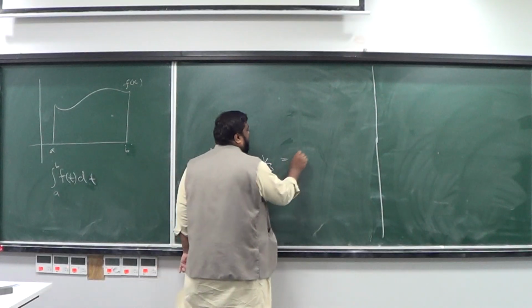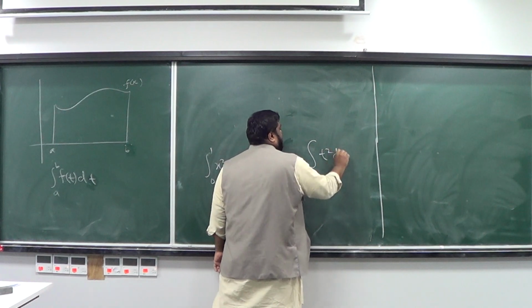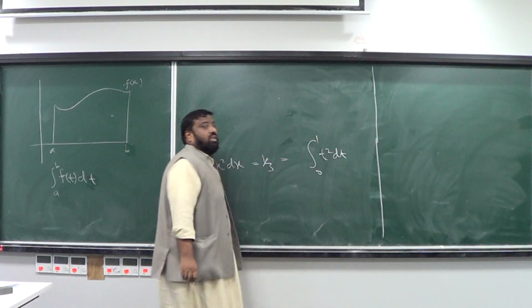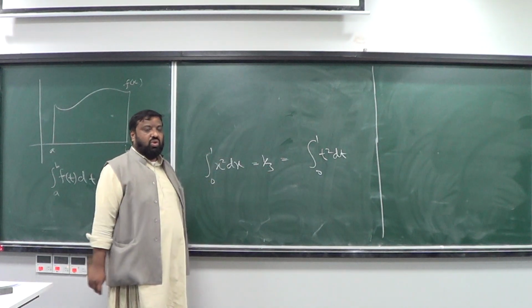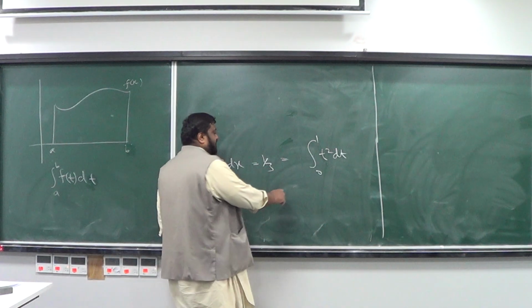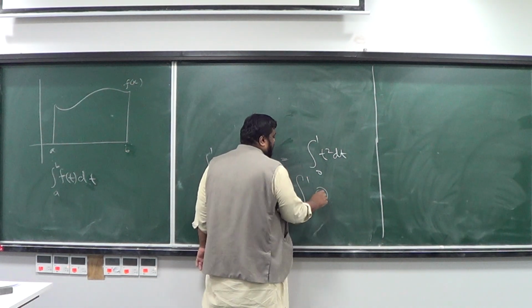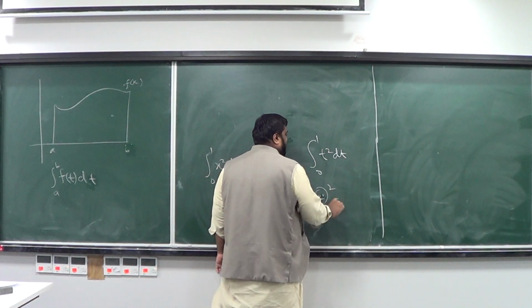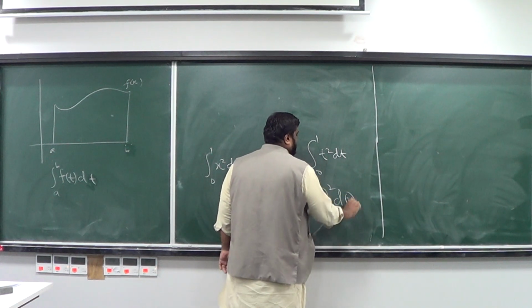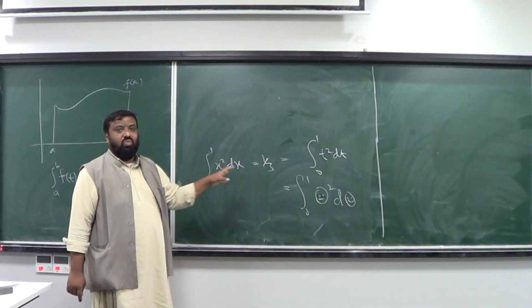But if I write t square dt from 0 to 1, its answer would also be 1/3. You can take anything. Let's do the integral of w square with respect to dw. Still the answer would be 1/3.